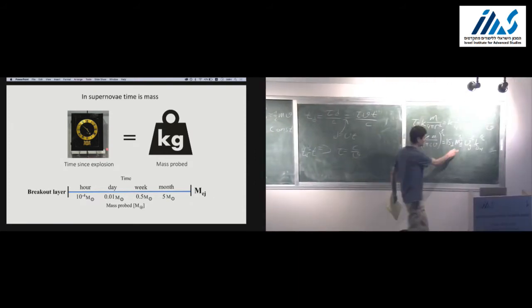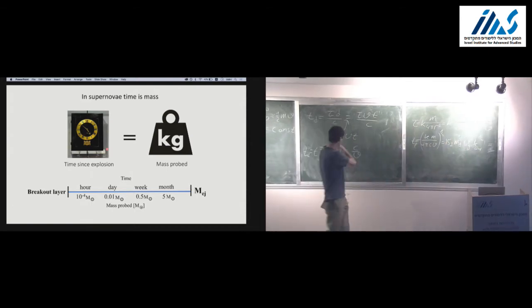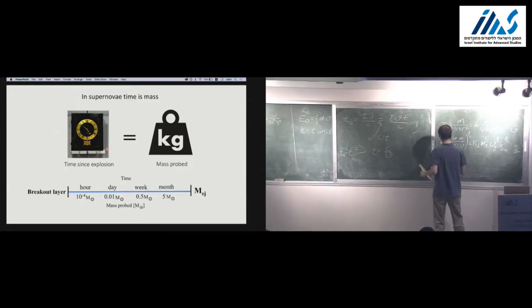If we convert this V to energy, so this V is roughly square root of 2E over M, we get 15 days for one solar mass to the 3/4, energy of 10 to the 51 ergs to the minus 1/4. Kappa is the same. Okay?